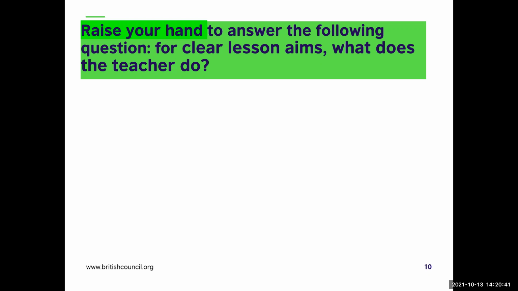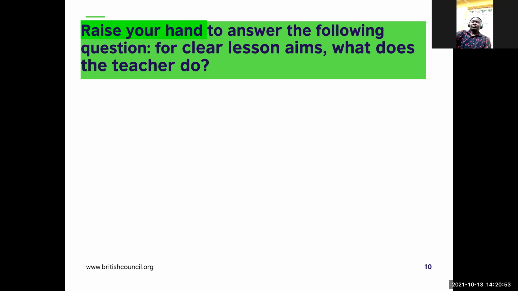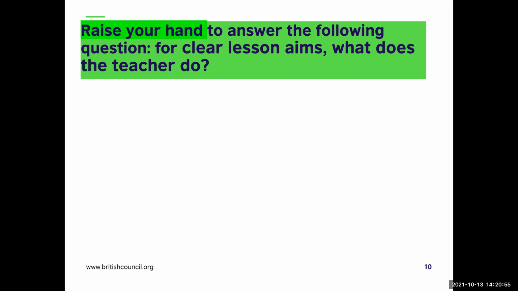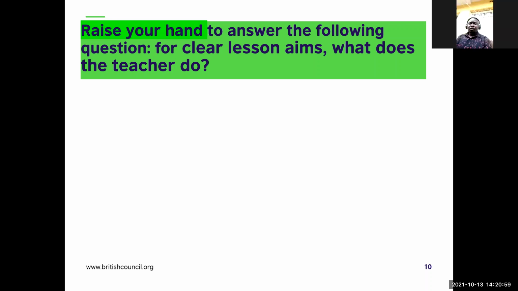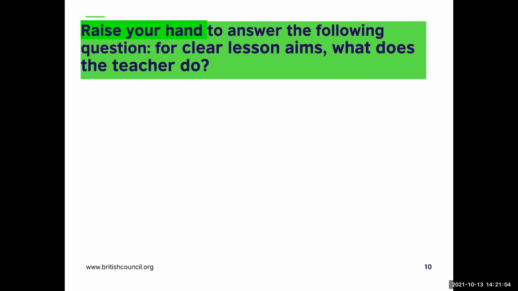So I think that when you want to define clear aims for your lesson, you have to know what is given in the syllabus as the general objectives or specific objectives for that lesson. Thank you. Another idea? Ferdinand?